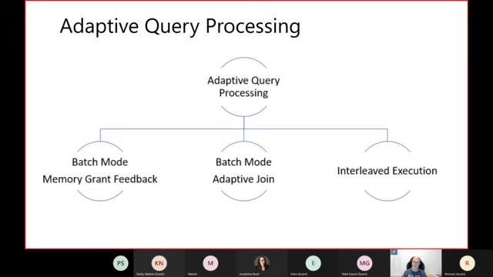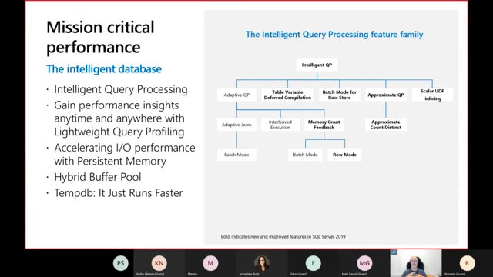Again, we will see it. It's really, really interesting. So this was, as I said, first introduced in SQL Server 2017. Then in 2019, Microsoft expanded this concept of adaptive query processing and called it intelligent query processing, also adding a few other things, right?